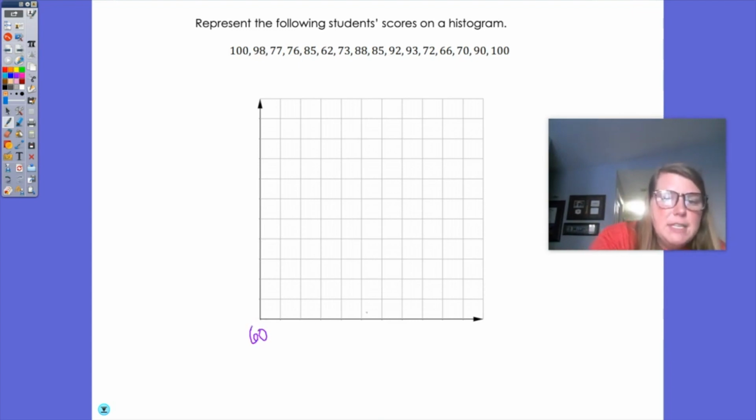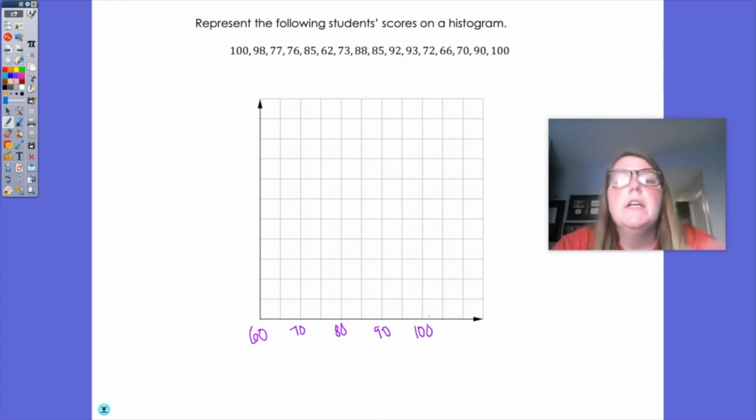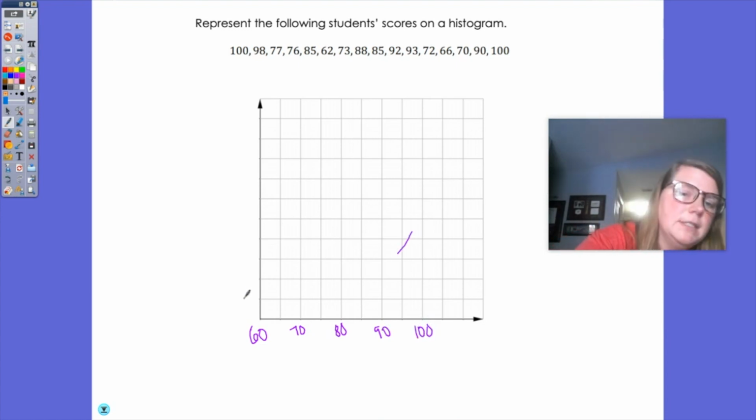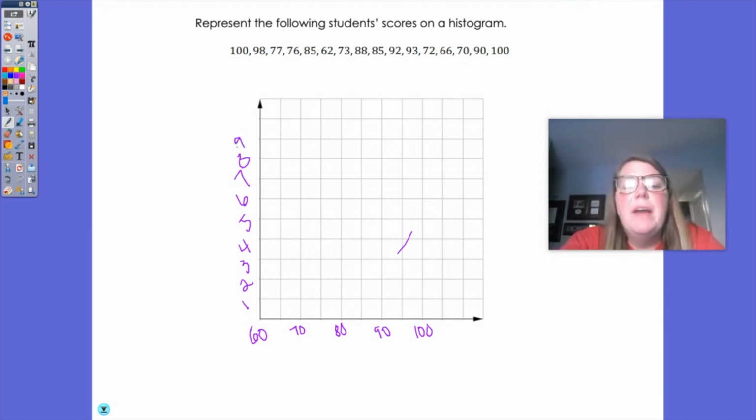The first piece will go from 60 to 70, 70 to 80, 80 to 90, 90 to 100. The counts go up by 1: 1, 2, 3, 4, 5, 6, 7, 8, 9, and so on. My first piece is from 60 to 69.99999.